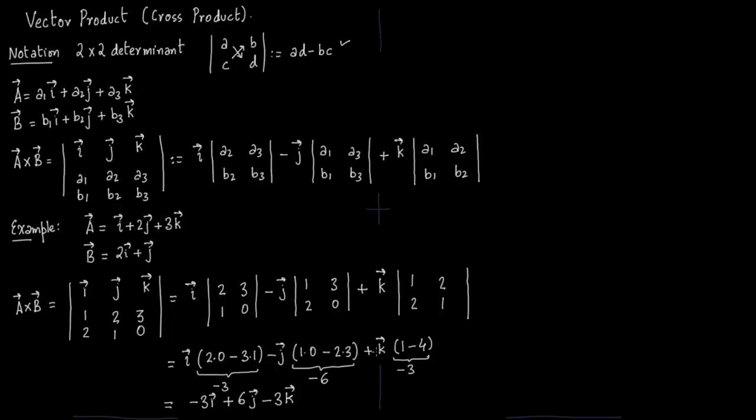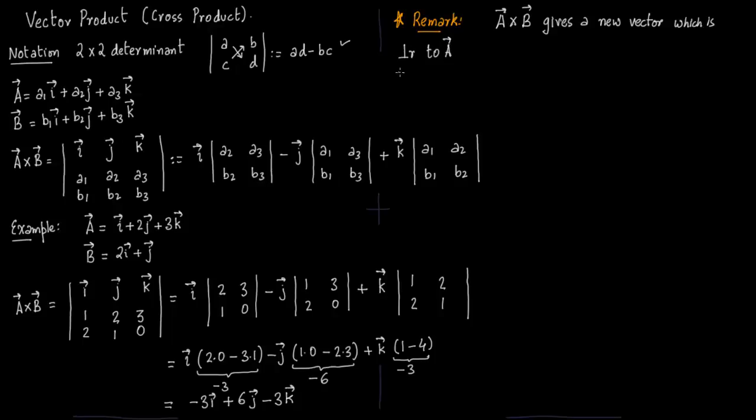Now, a very important remark is that this vector A cross B is perpendicular to both A and B. So we write this down. A vector cross B vector is perpendicular to both A and B. What we are writing is that A cross B gives you a new vector.